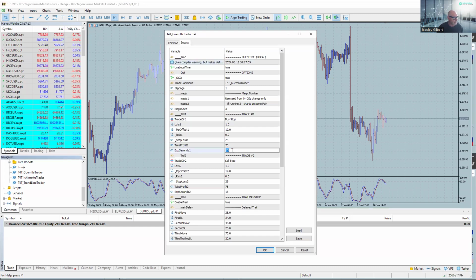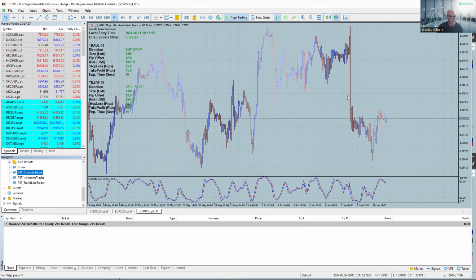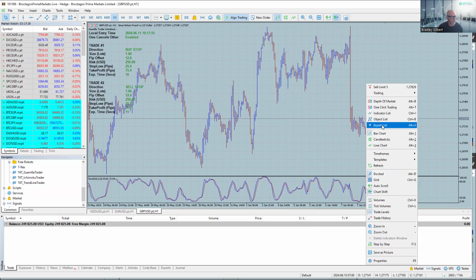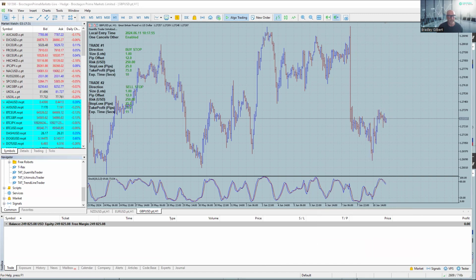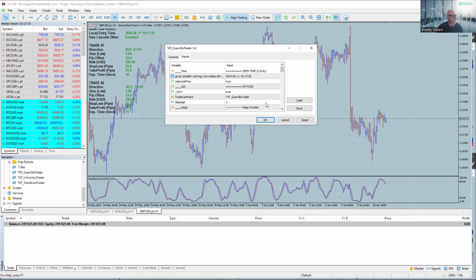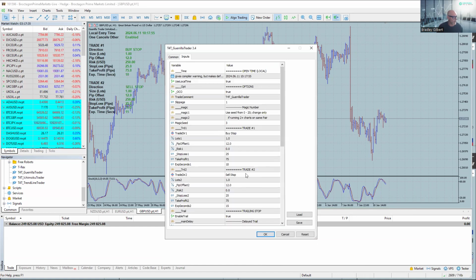Just to be sure, because you only want this to activate on the number, I would say go 10 seconds. So it's going to be activated in 30 seconds. I've got that set up, so I can hit OK. Actually, let's just get in there because I only want one side of the market.